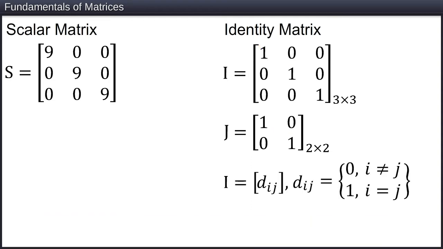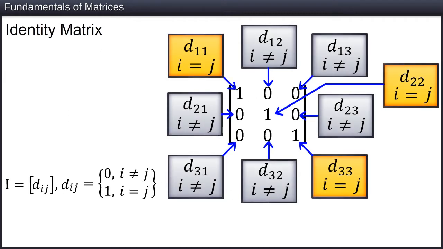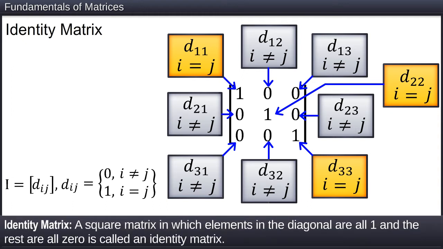The general representation of an identity matrix is shown here. The general representation is used to explore the example as shown. A square matrix in which elements in the diagonal are all 1 and the rest are all 0 is called an identity matrix.